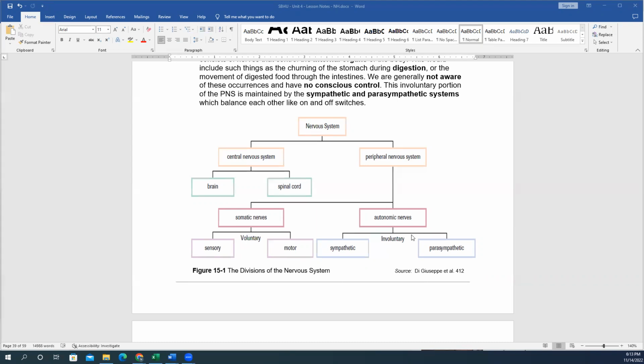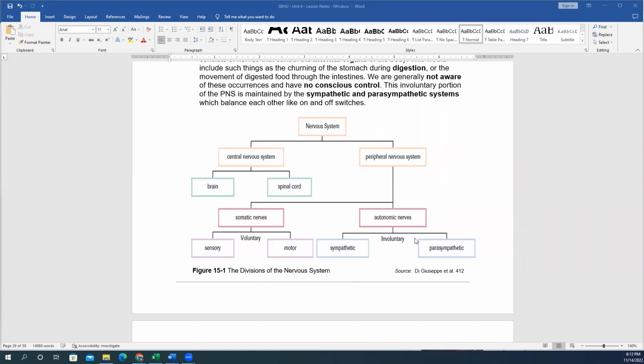The autonomic portion of the peripheral nervous system is not under our control. It is involuntary. This portion of the nerves controls those internal organs of the body, and it includes things such as, for example, when our stomach is digesting and churning its content, or the movement of our digested food through our intestines.